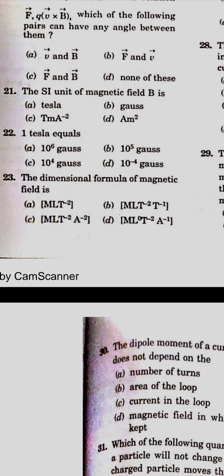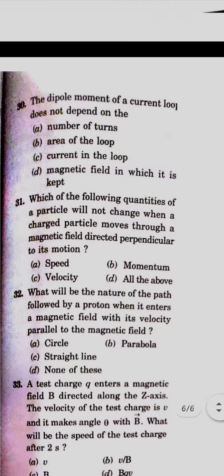If we take the force, and from there take out the value of B, we find F upon QV sin theta. So it will be M T to the power minus 2 and meter inverse, so the value will be M L^0 T^-2 A^-1.